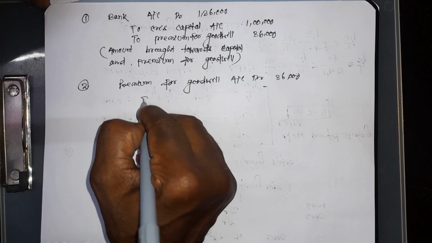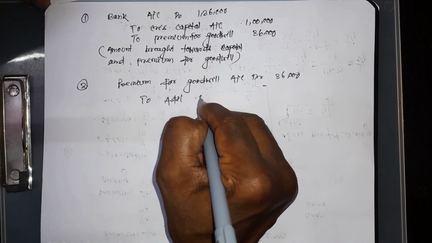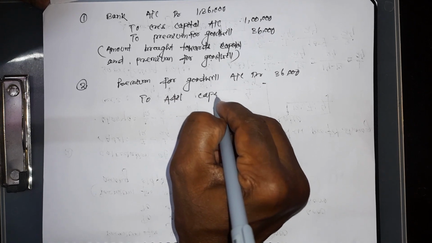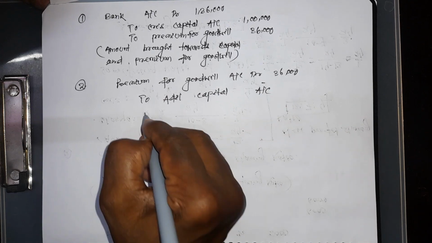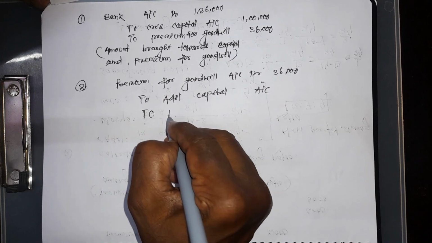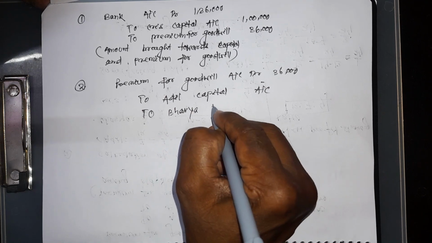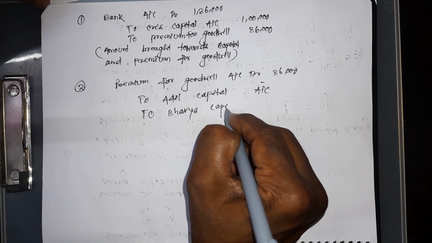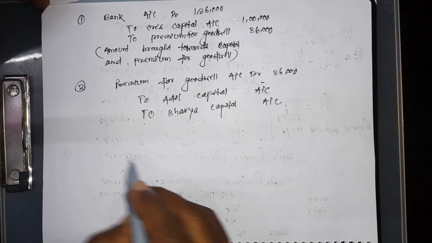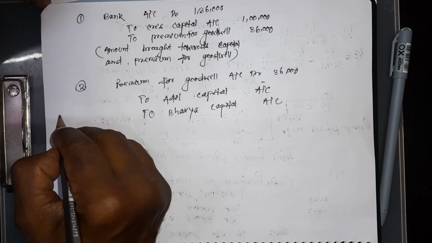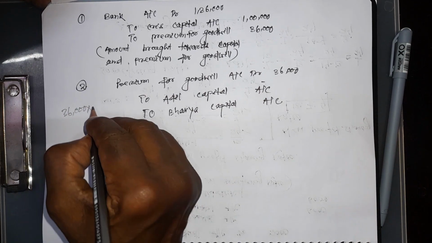To Adil capital account, to Bhavya capital account. Clear? Now this 36,000 we have to distribute in the ratio 1:3, the sacrificing ratio.